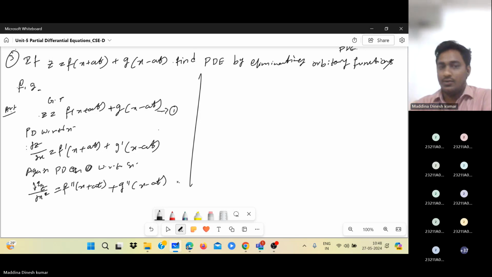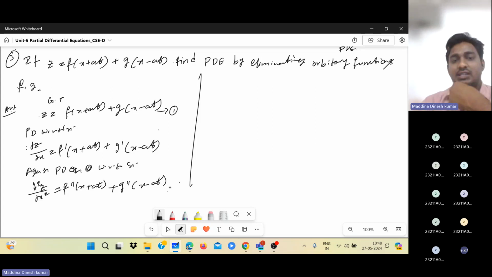So why am I doing this two times derivation with respect to x only? If you differentiate with respect to t two times, in that equation f double dash of x plus at plus g double dash of x minus at will come. So in that place, directly we can replace dou square z by dou x square. This is equation number 2.